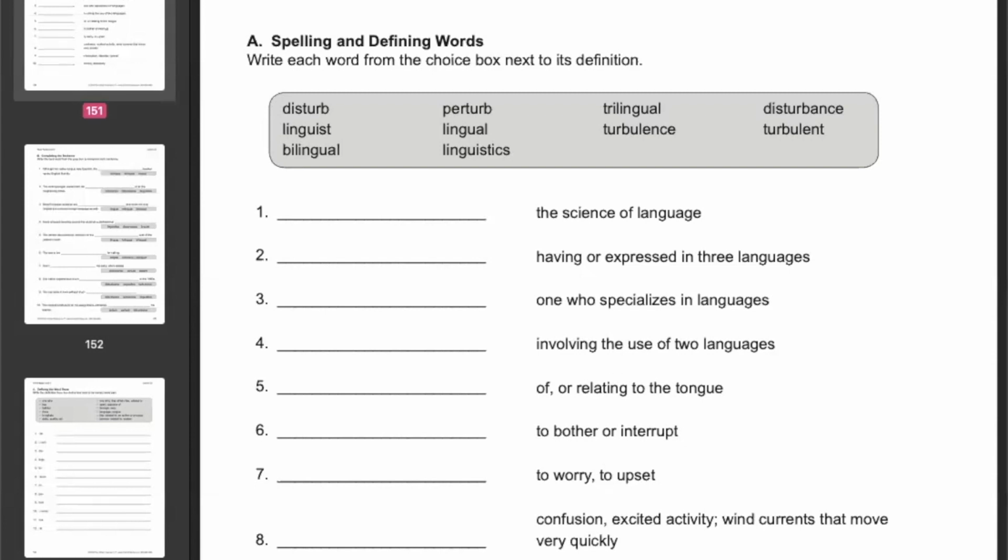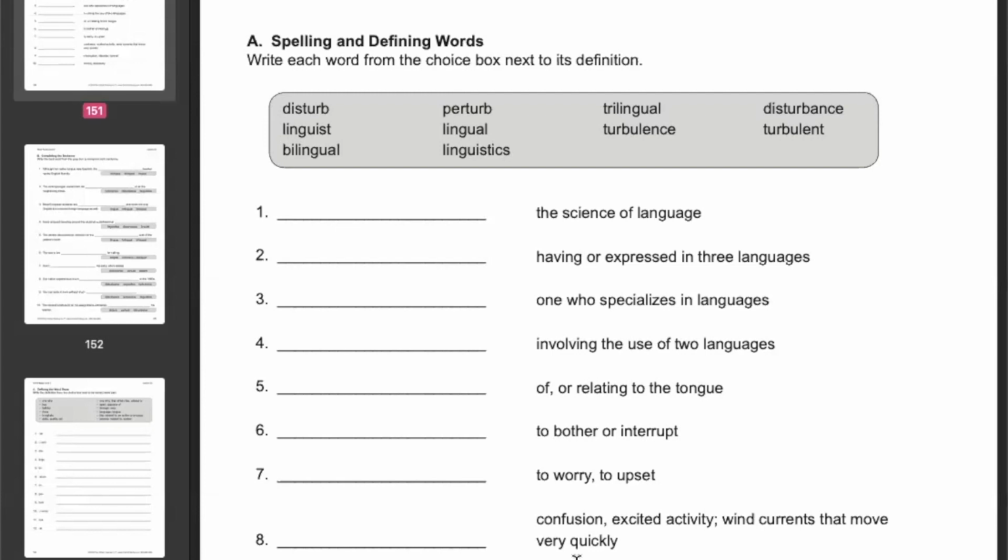So I'll just actually go through these very, very quickly before we get into it, just to remind us of what we said. So the science of language being linguistics, having or expressed in three languages is trilingual. One who specializes in languages is obviously a linguist.